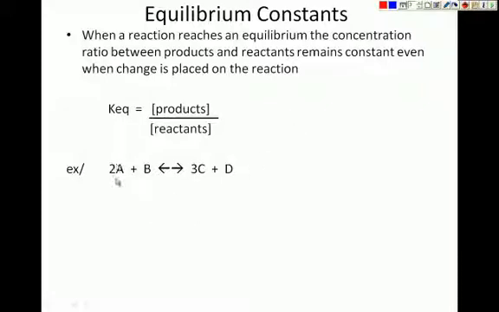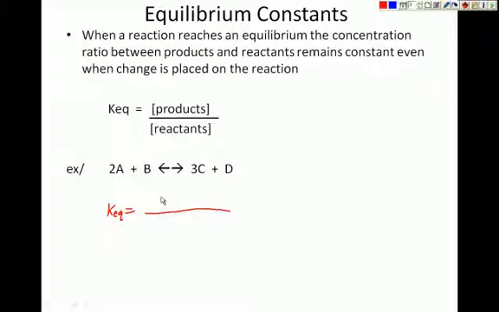So here we have an example of 2A plus B forms an equilibrium with 3C plus D. And what we can do is make our Keq expression, and that would be products over reactants.